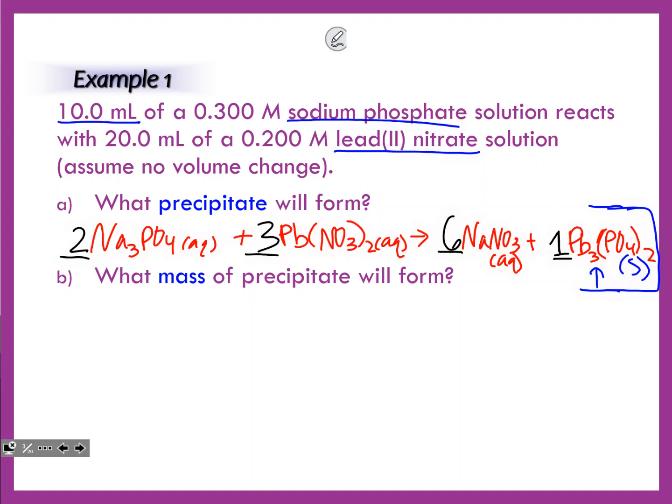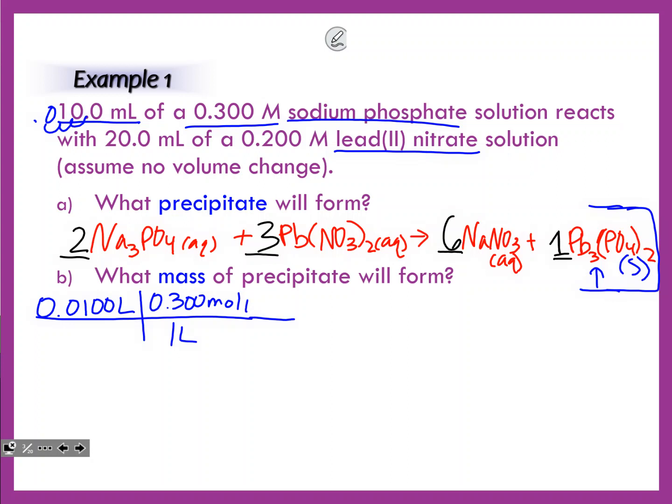So I'm going to move this over 1, 2, 3, like so. And I'm going to use my 0.3 molar as my conversion factor. Moles per 1 liter, and this is of my sodium phosphate, like so.